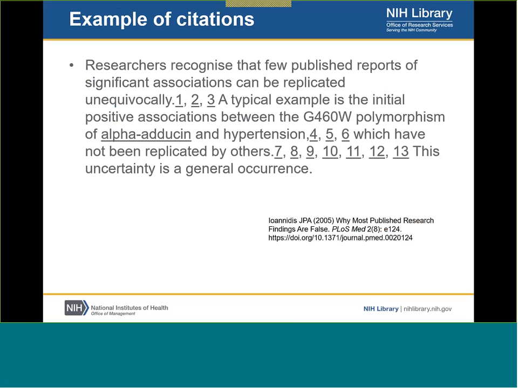Let's see an example of citations. Okay, so this is a paragraph that I just got from an article. There are a lot of numbers here, so you can see that there is a sentence that's being said, and then the researcher uses 3 citations to support what he said, and then uses a lot more in this short paragraph talking about what has been done and using things to support what he said.